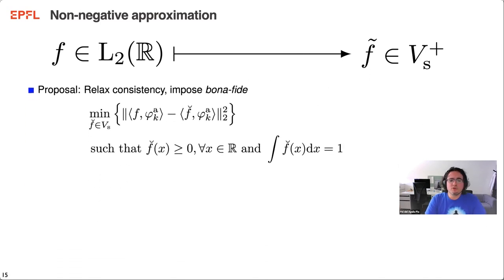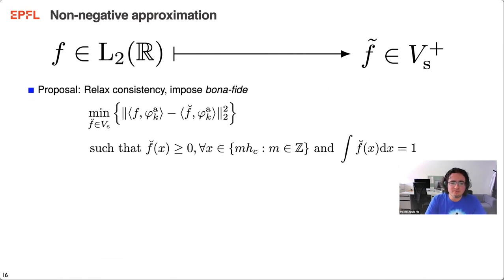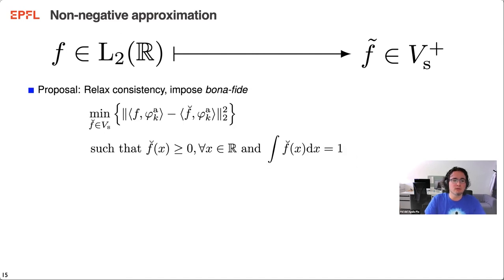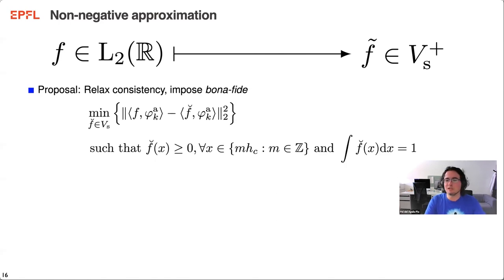Of course, here again, we have the problem that we do not know how to impose non-negativity everywhere. But what we do instead is impose it in many places. So we choose a parameter hc that is smaller than h. At many points in between any two points in the regular grid, we impose that the function is non-negative, and it still integrates to one.